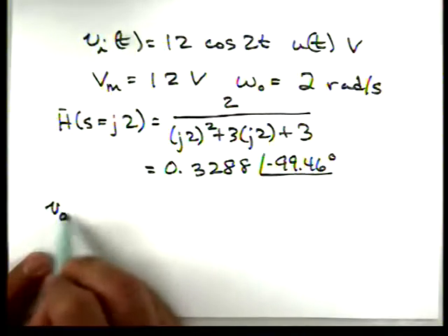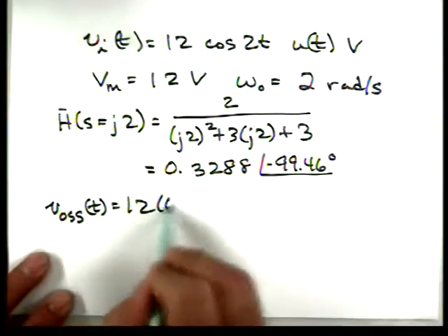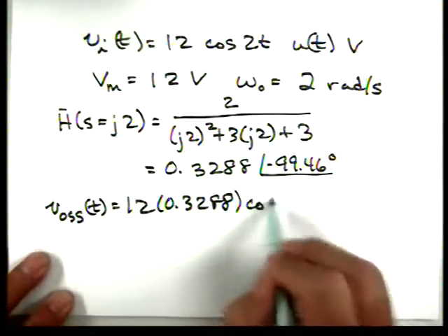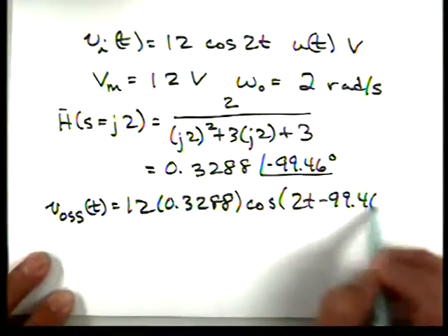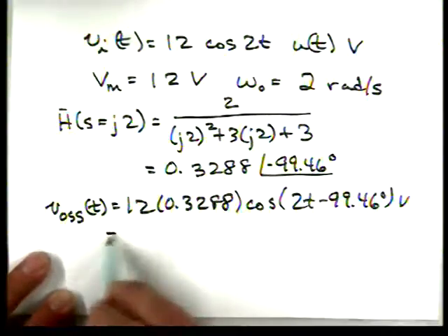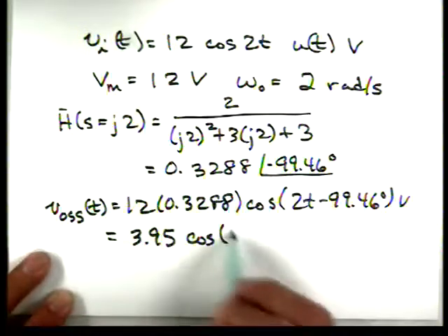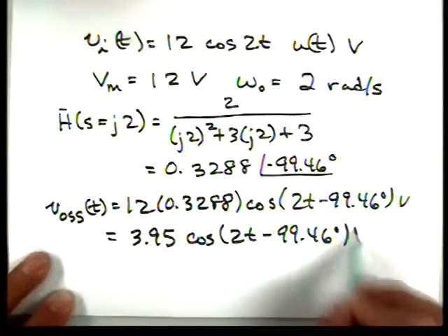So then V0 SS of t is 12 times 0.3288 times the cosine of 2t minus 99.46 degrees. So this is 3.95 cosine 2t minus 99.46 degrees volts.